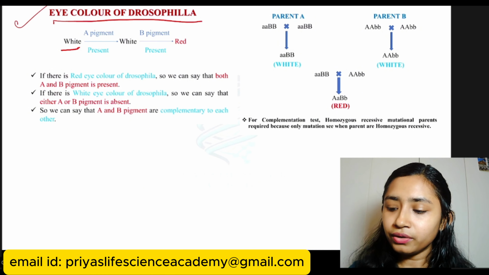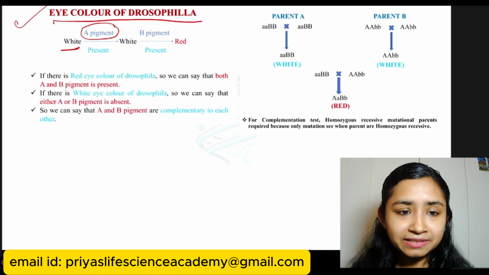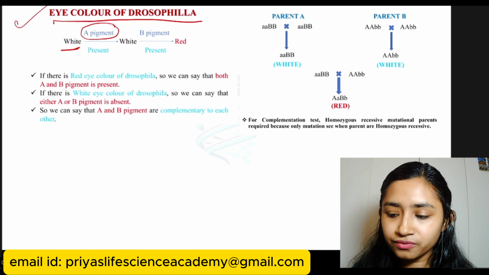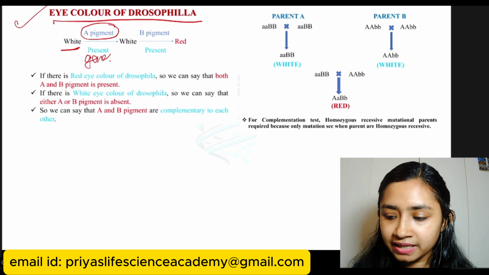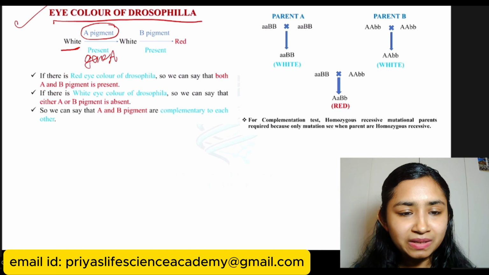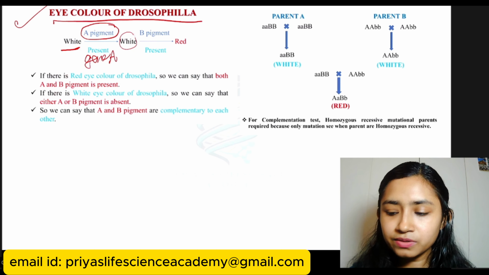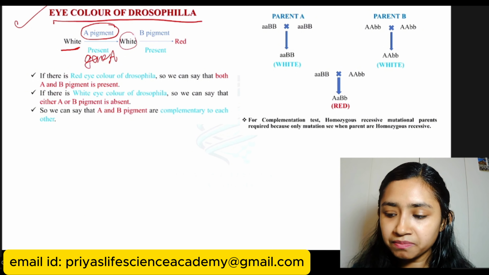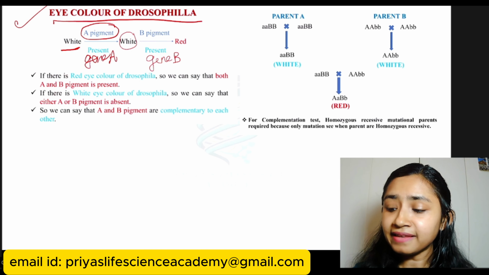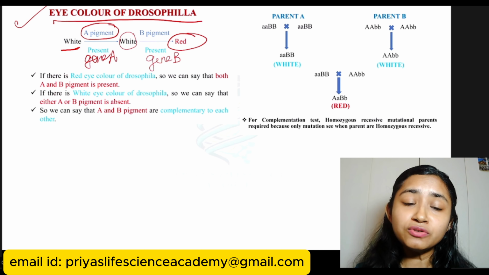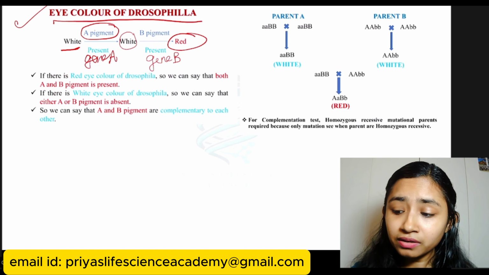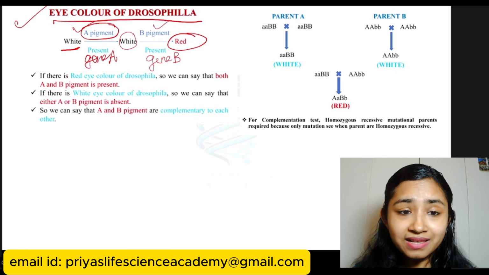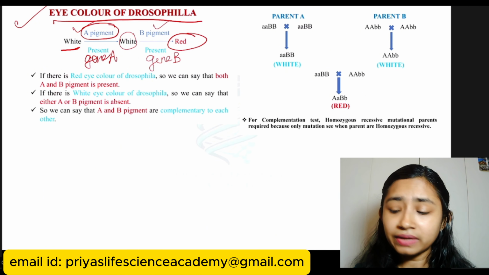When you have the action of gene A, pigment A comes from gene A, and it gives white again. When in this white, gene B works and gives pigment B, then the eye color of Drosophila transforms into red. So here two genes are working simultaneously to give the red color.